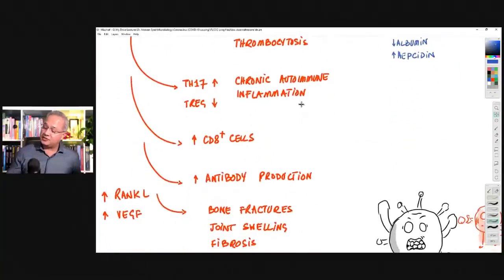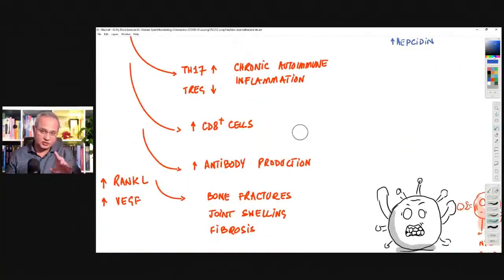In addition to that, interleukin 6, so we're not talking about naltrexone yet, we're talking about interleukin 6 and its effect. Interleukin 6 works on the immune system, the adaptive immune system, and creates an imbalance between T helper 17 cells and T regulatory cells.